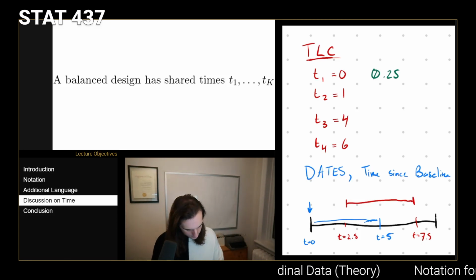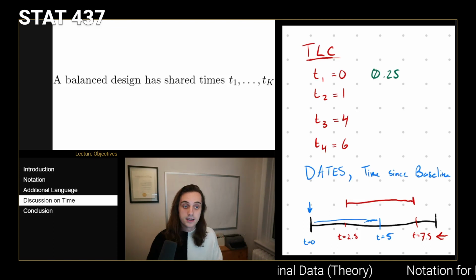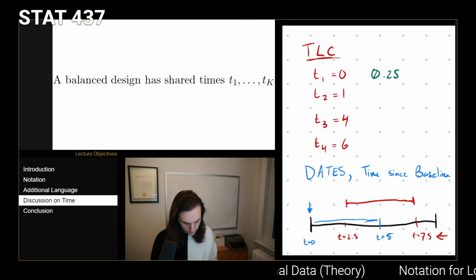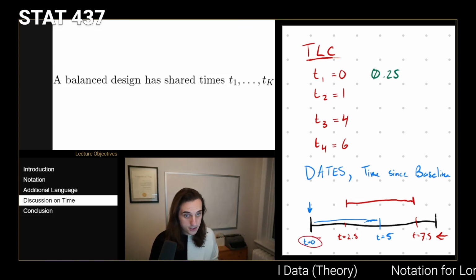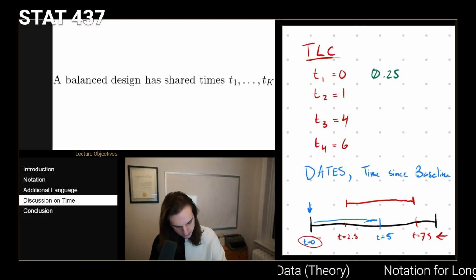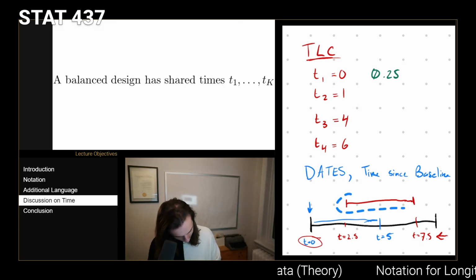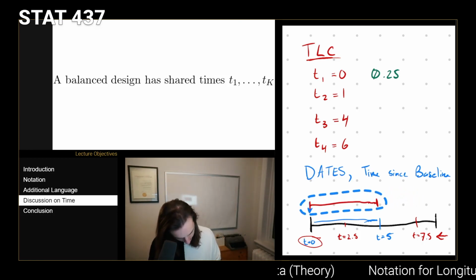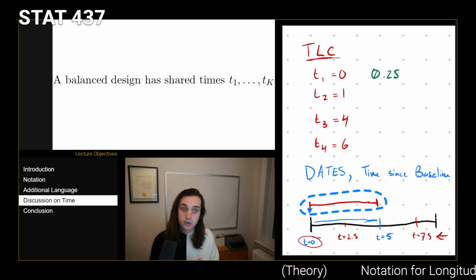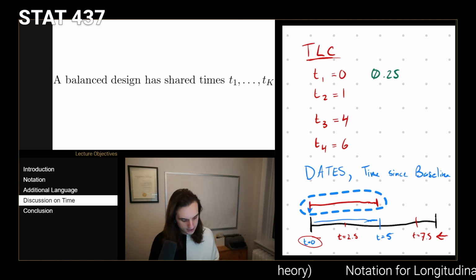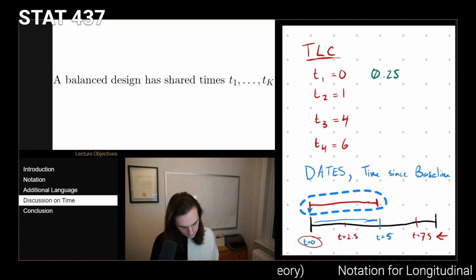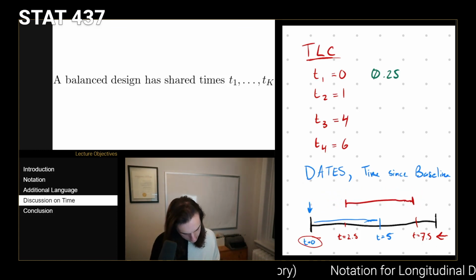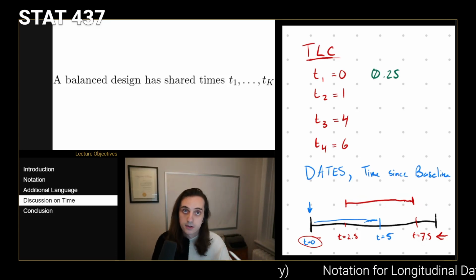We can either talk about this time scale down here, which would be equivalent to calendar time, where everything is based off of this time 0, or we could shift these people back in time and talk about it as where now they're both measuring t equals 0 to 5, where the time is measuring the change from the baseline, right?